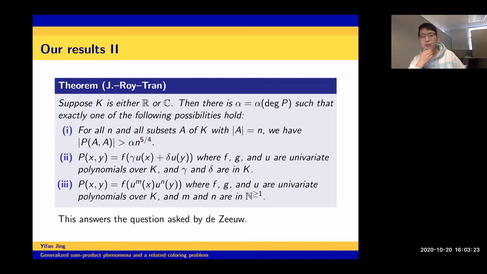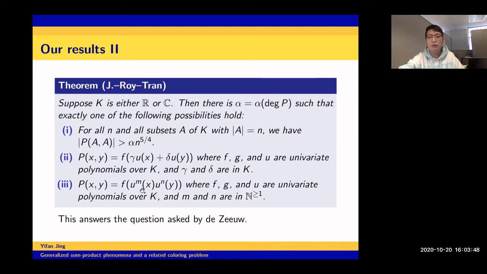And by taking P equal to Q and some other arguments on polynomials, we can prove that this actually answers a question asked by Zeeuw. So if you have A equal to B, then we have a better structural characterization. P should behave like u(x) plus u(y), so both of them should look like the same one-variable polynomial.